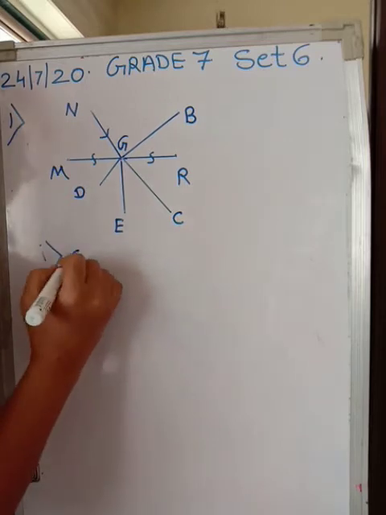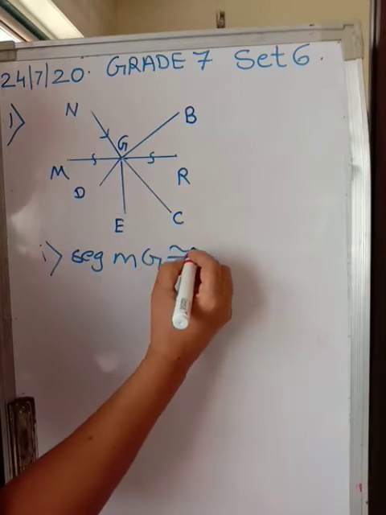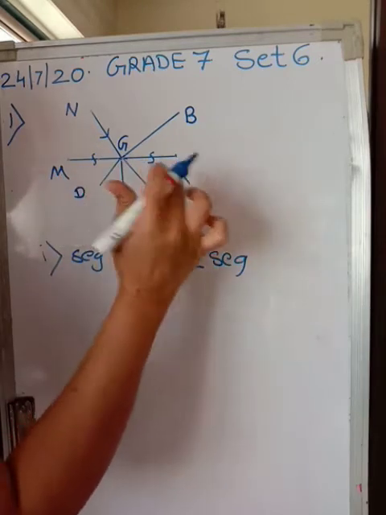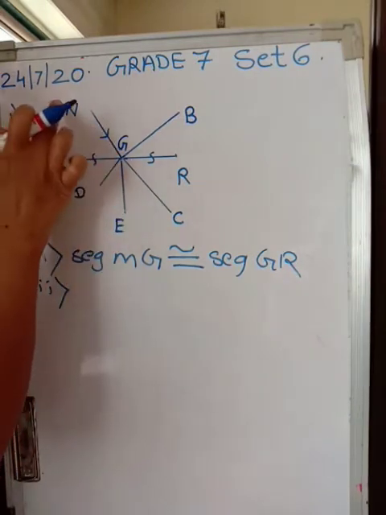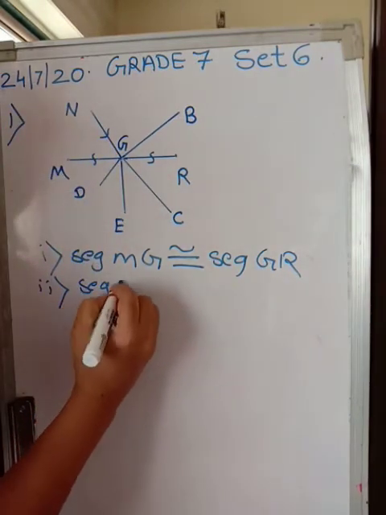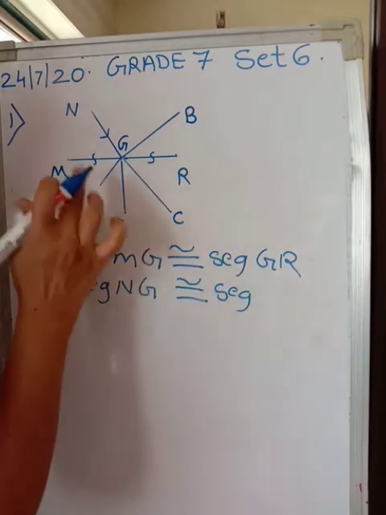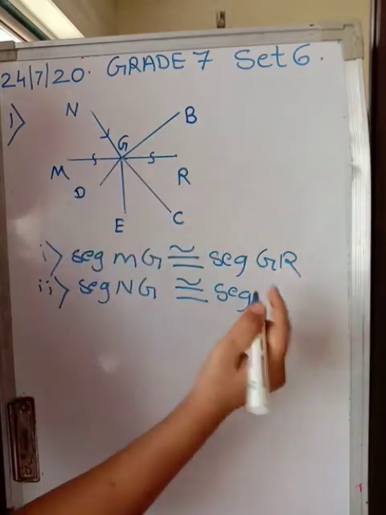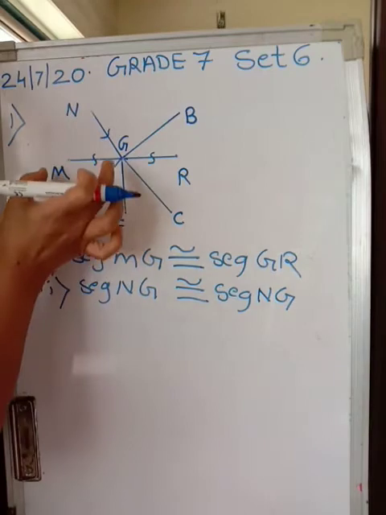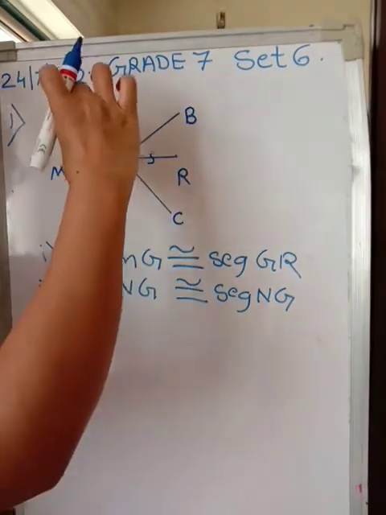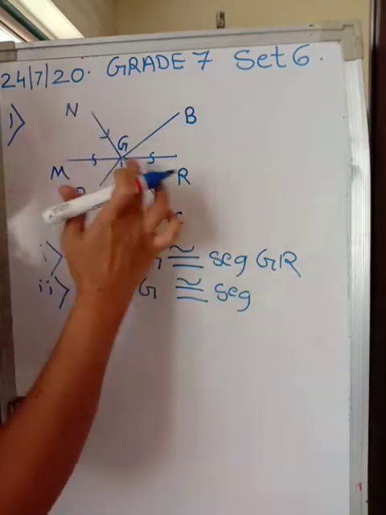So first I am writing segment MG is congruent to segment GR. Second we got NG. Segment NG is congruent to segment MG. In the first we have written these two are equal.